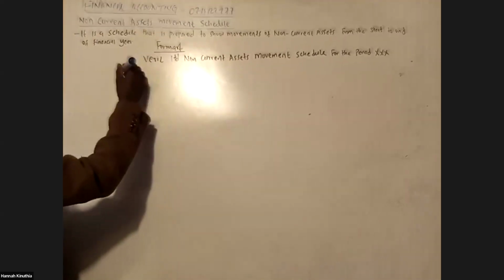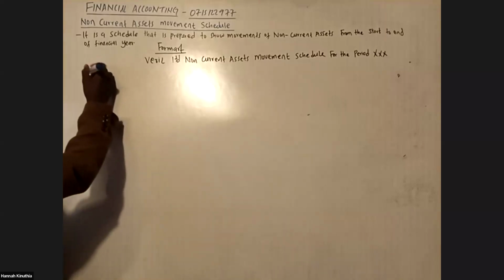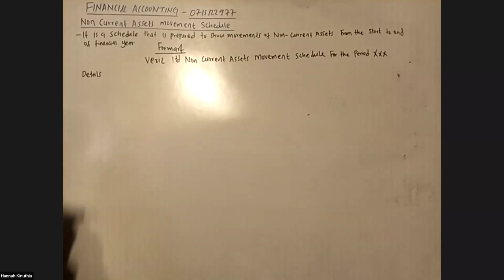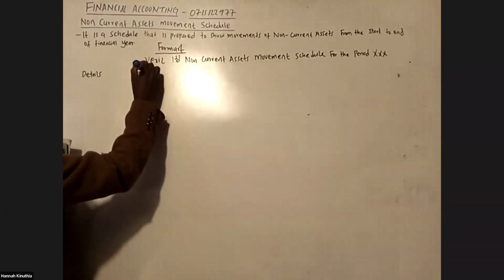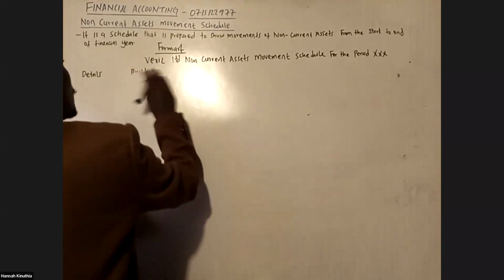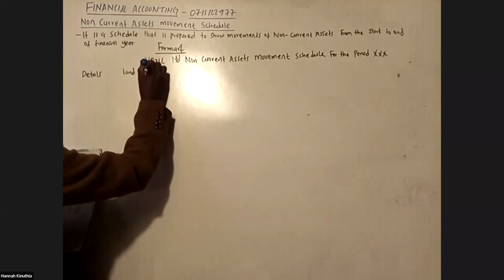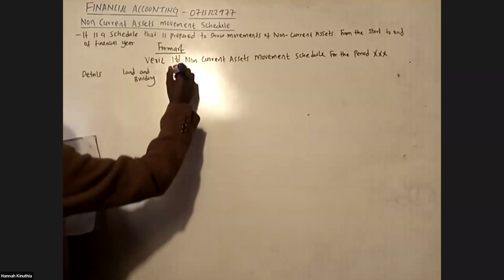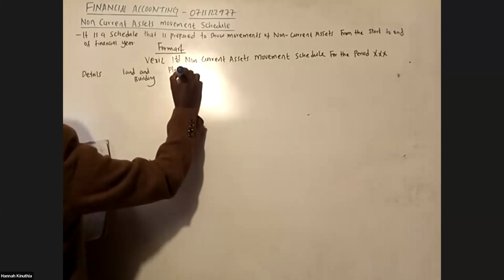So we have, for example, our details. Now we can talk about land and building. Plant and machinery.